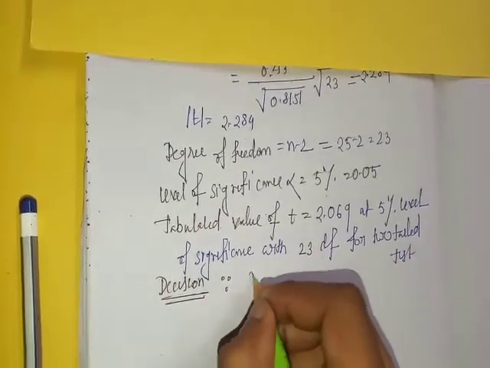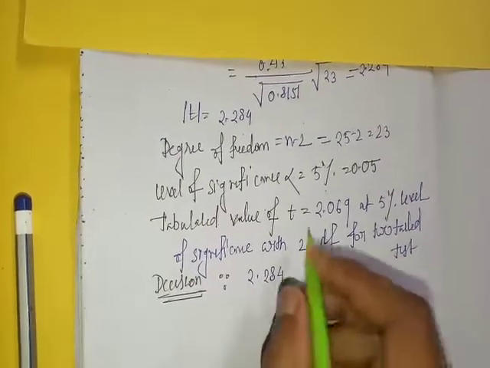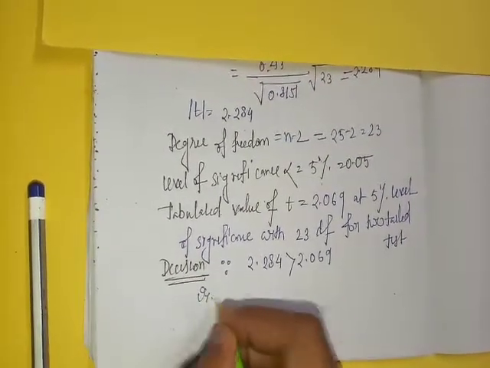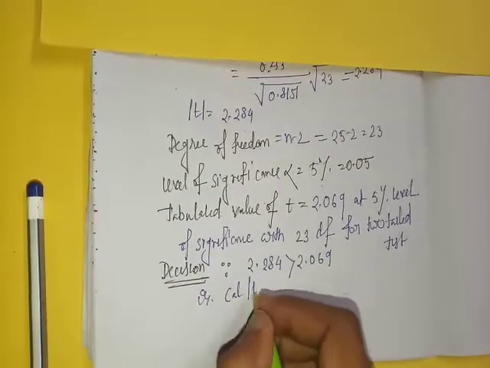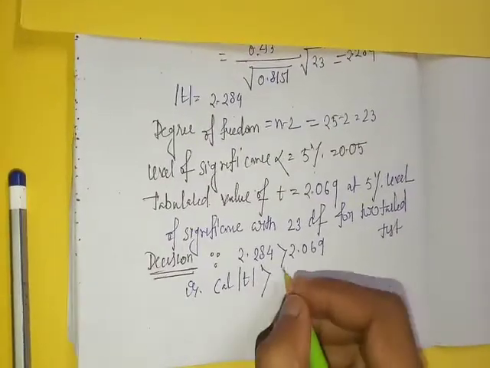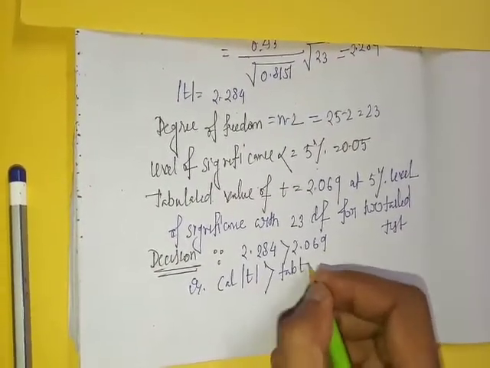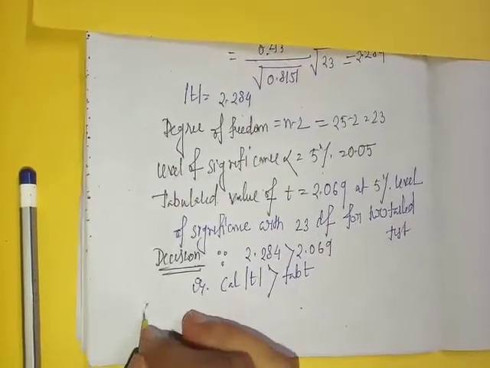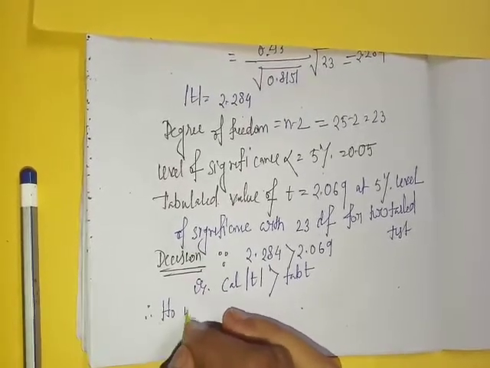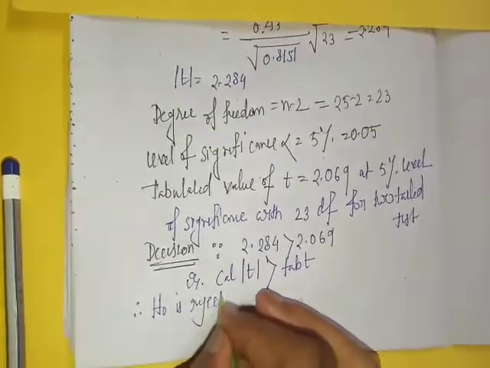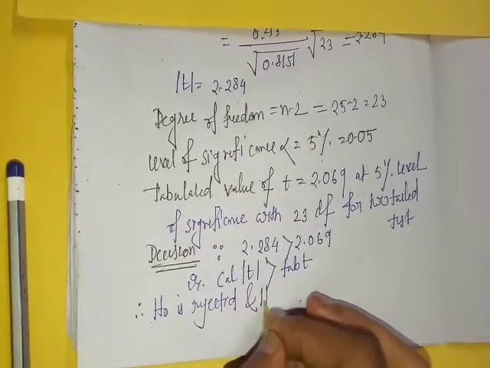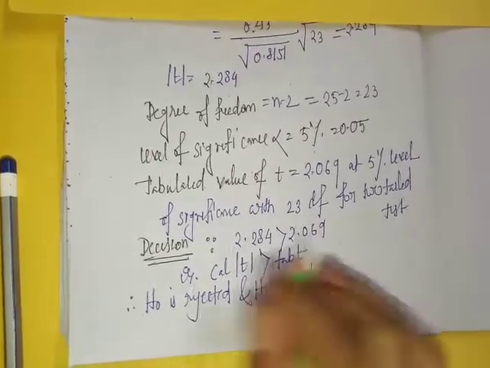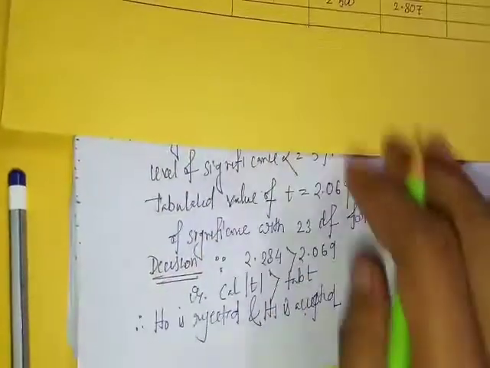Since 2.284 is greater than 2.069, that is, the calculated value of t is greater than the tabulated value of t, therefore the null hypothesis is rejected and the alternative hypothesis is accepted.